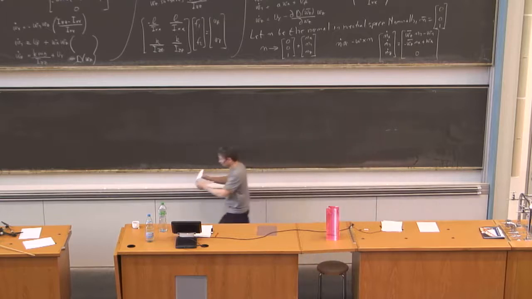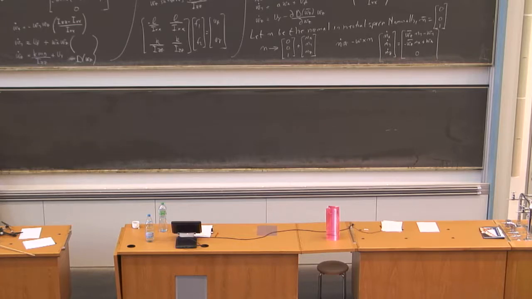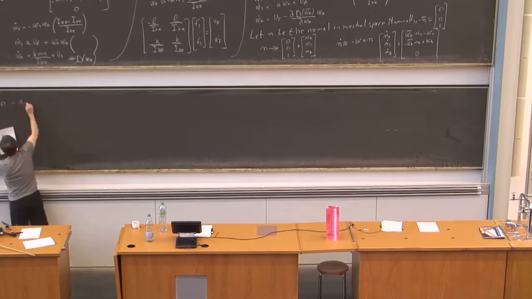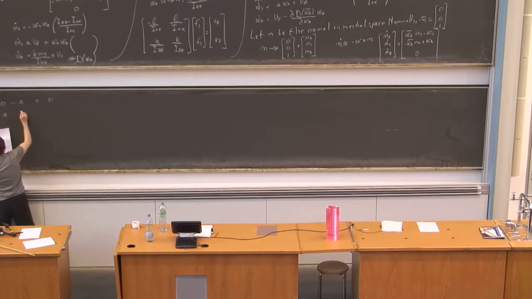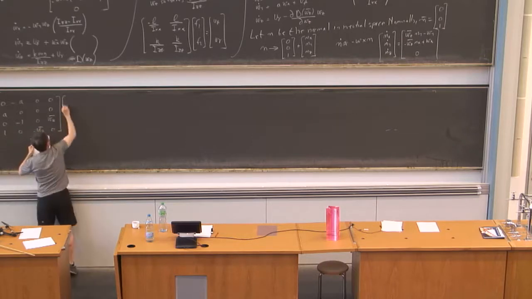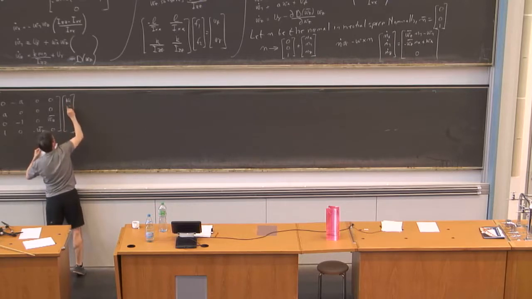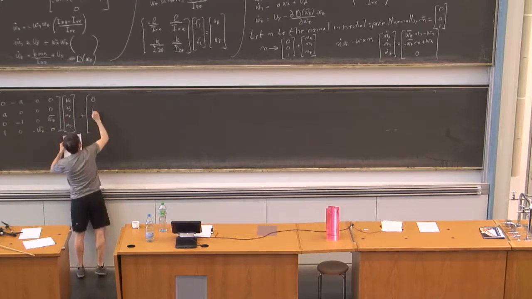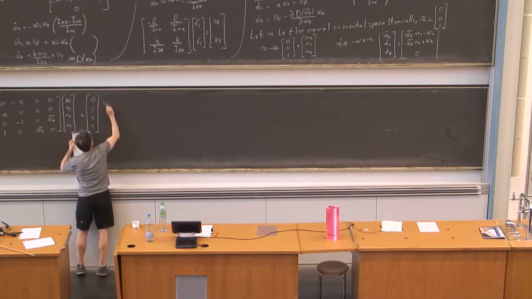Good. We put it all together, and we have the following equations. Omega sub x dot, omega sub y dot, n x dot, and y dot is equal to the matrix [0, minus a, 0, 0; a, 0, 0, 0; 0, minus 1, 0, omega z bar; 1, 0, minus omega z bar, 0] times the state, omega x, omega y, n x, and y, plus my control input, [0, 1, 0, 0] times u sub beta.